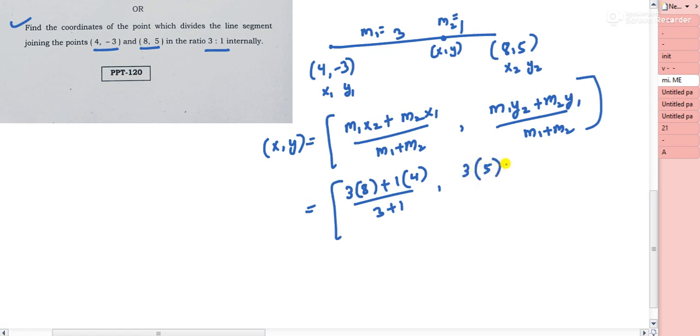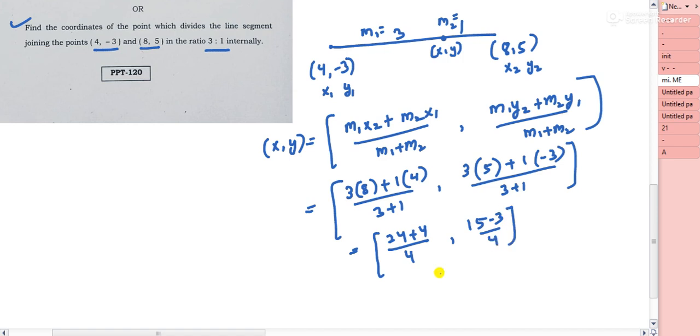What is y2? 5 plus 1 into minus 3 divided by 3 plus 1. Got it? So you'll get 3 8s are 24 plus 4 divided by 3 plus 1 is 4, comma 15 minus 3 by 4. So you'll get 28 by 4, comma 12 by 4. So on solving this, you'll get 4 7s are 28 and 4 3s are what? 12. So the values are, yes, you are right, it is (7, 3).